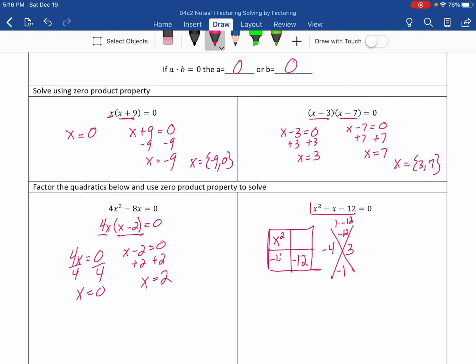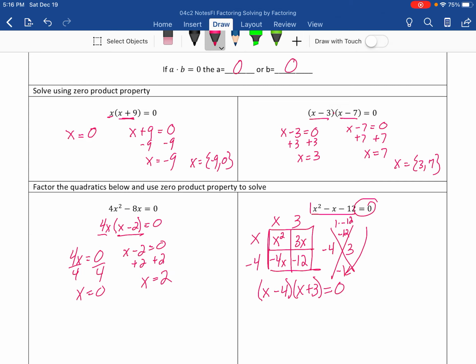You can use Desmos, but it ends up being negative 4 and positive 3. So greatest common factor is x, greatest common factor is negative 4. This is going to be 3. So my factored form for this is going to be x minus 4 times x plus 3.